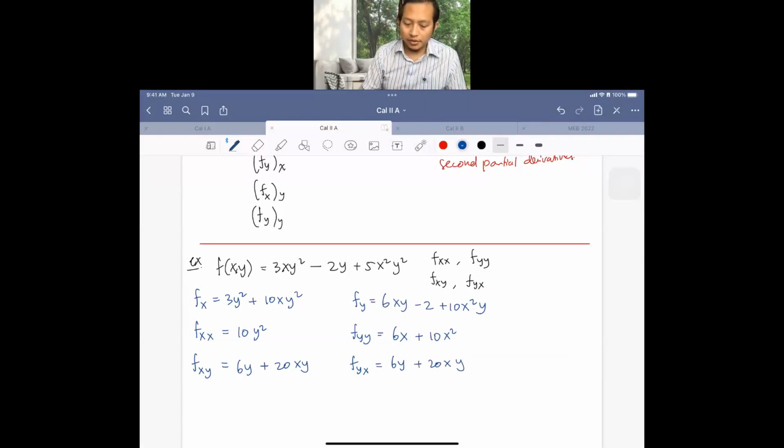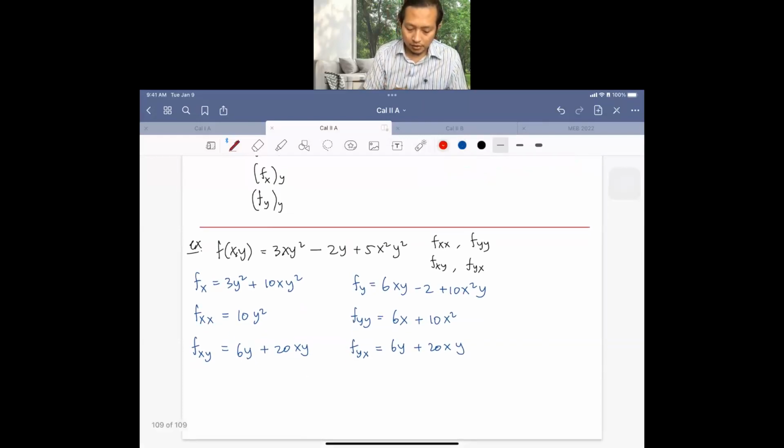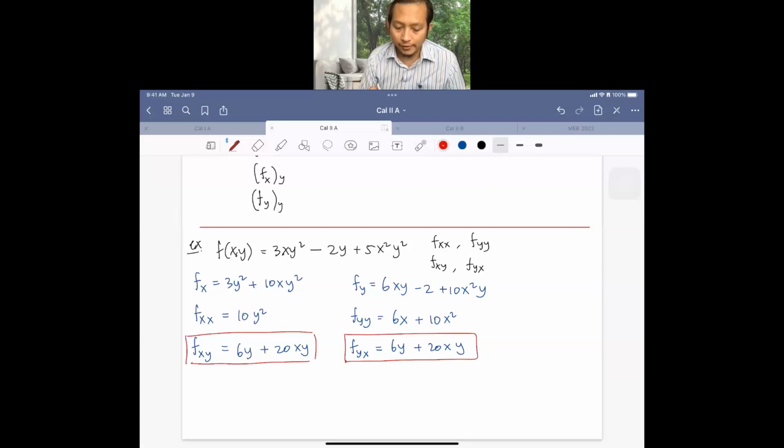Now you notice that this part is the same as this part. It has the same result, right? And this is what we are going to take into our theorem. We call this Clairaut's theorem.